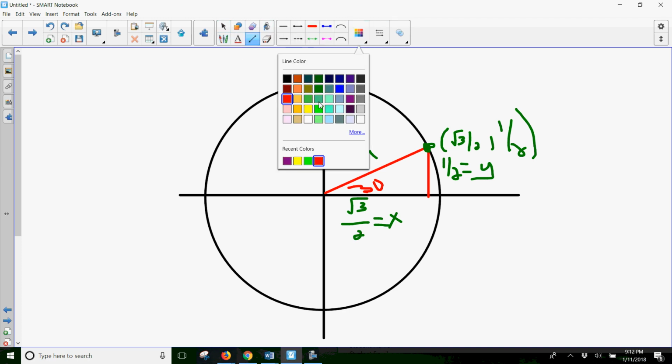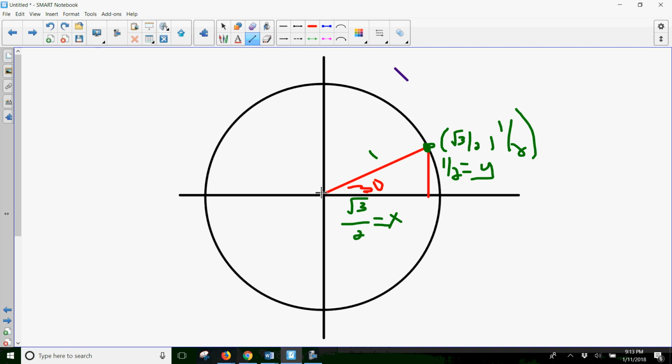But if I changed it, let's do a different color. Let's do purple. So now if I change it, we have a 60-degree angle. We're just going to flip this triangle around.